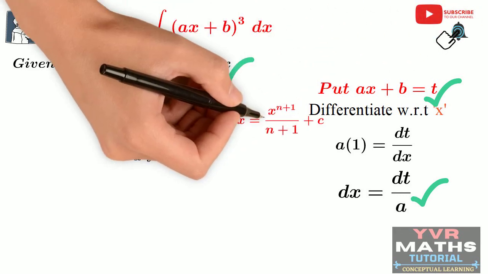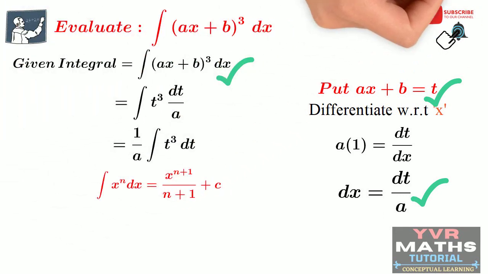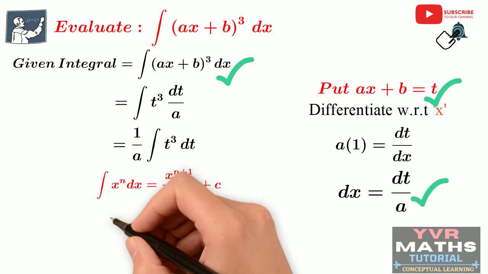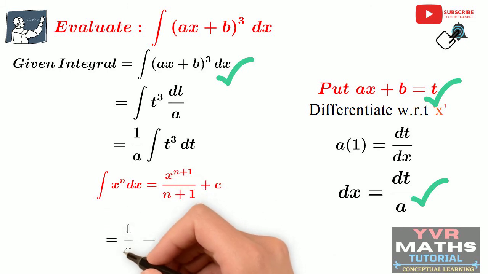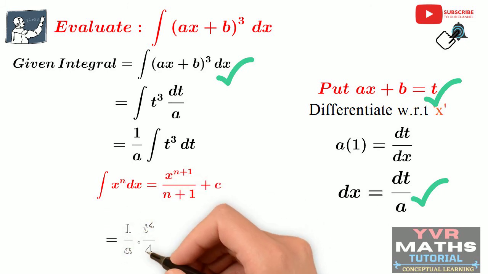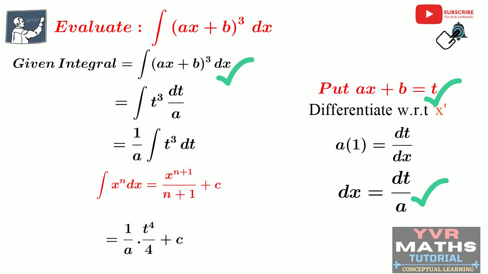So, we know the standard integral formula, integral x power n dx. So, by using this standard integral formula, what will we get as the new step? See here, 1 by a into t power 4 by 4 plus c. Now, replace the new variable by the original variable in the answer. What is the new variable here? t.